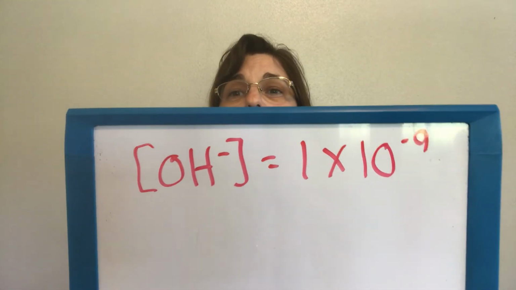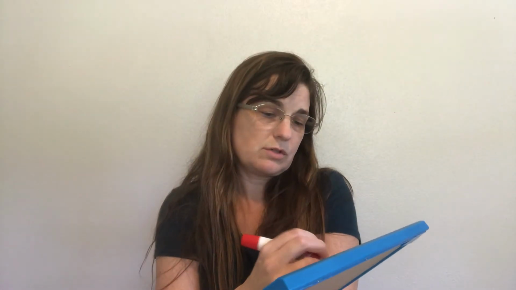Let's do one more like that. You really just have to figure out, am I talking about the concentration of hydroxide or hydronium? Hydronium is going to be associated with pH. The concentration of hydroxide, OH negative, is going to be associated with pOH. And so if I say that the concentration of hydroxide is 1 times 10 to the negative 9th this time, then my pOH is going to be equal to 9.